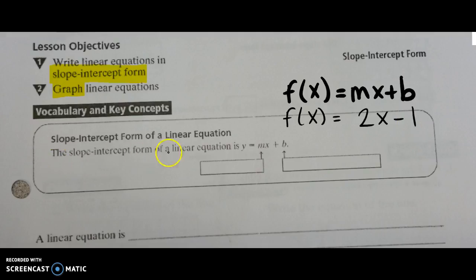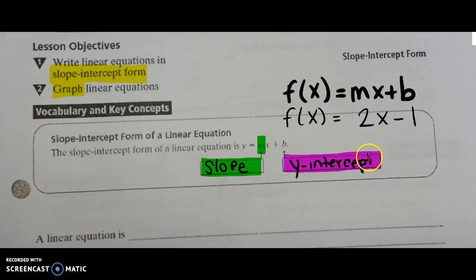So we could have something to reference. Alright, so now the slope-intercept form of a linear equation is y equals mx plus b. Now the m is going to be our slope, and the b is going to be our y-intercept. So we have our slope, which is just the m, and our y-intercept is our b.